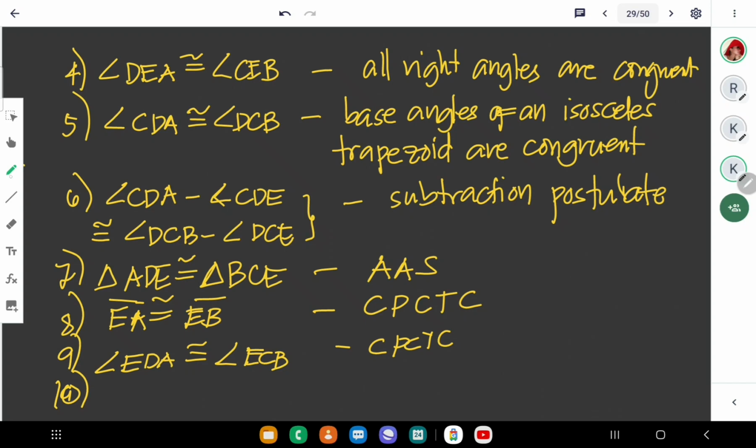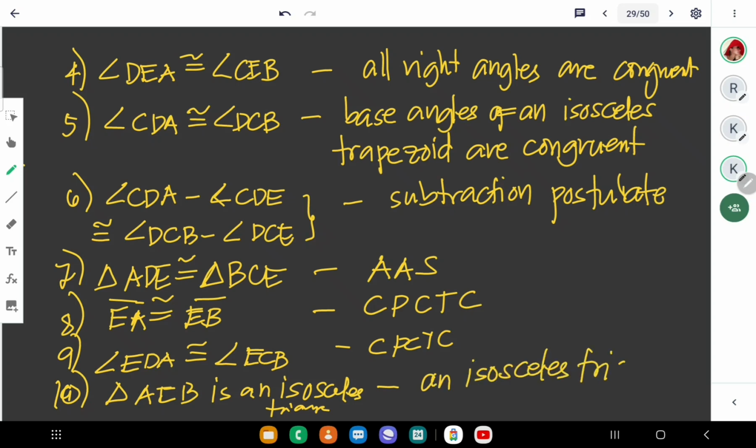So we can say, therefore, triangle AEB is an isosceles triangle. The reason would be from the properties of isosceles triangles: an isosceles triangle has two congruent sides.